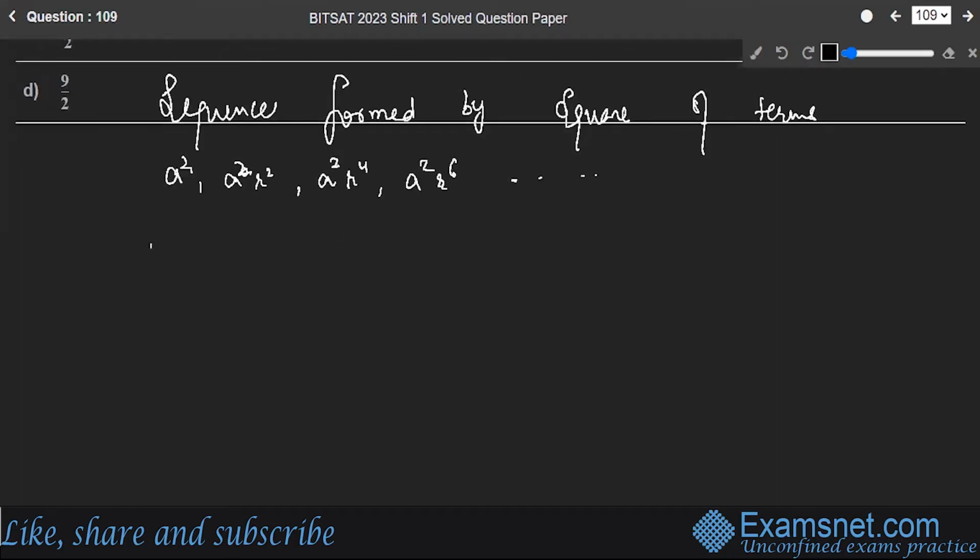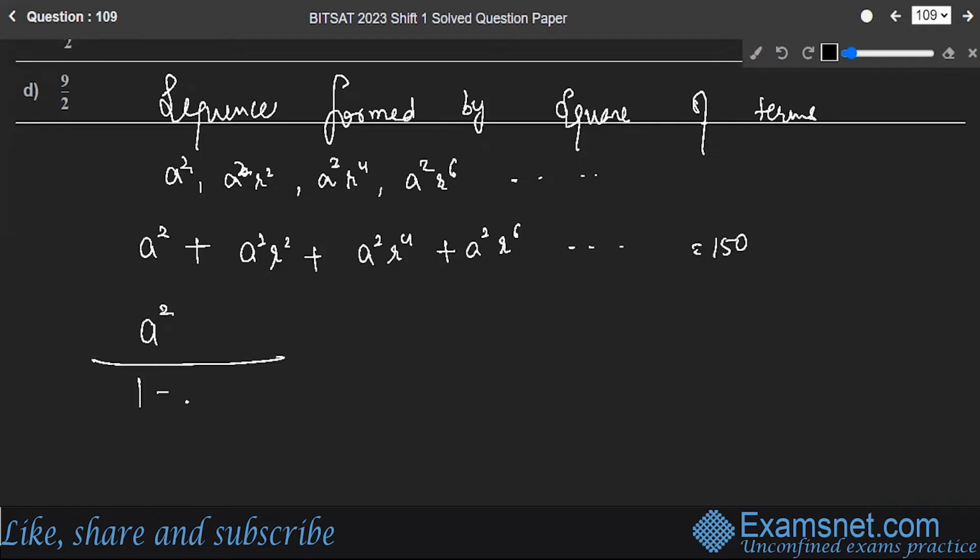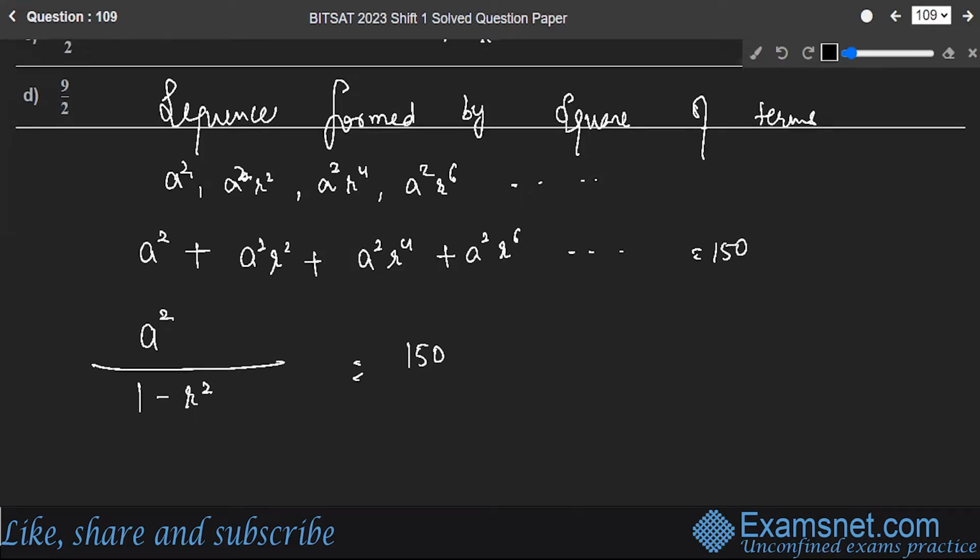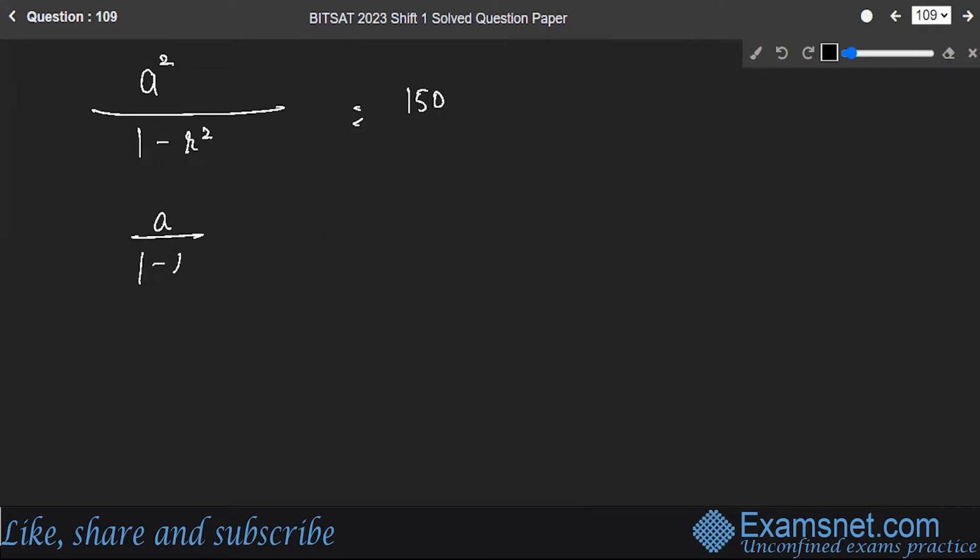The sum of it is equal to 150. This is given in the question. So this is the first term upon 1 minus the common ratio, is equal to 150. And this can be written as a into 1 minus r into a upon 1 plus r is equal to 150.